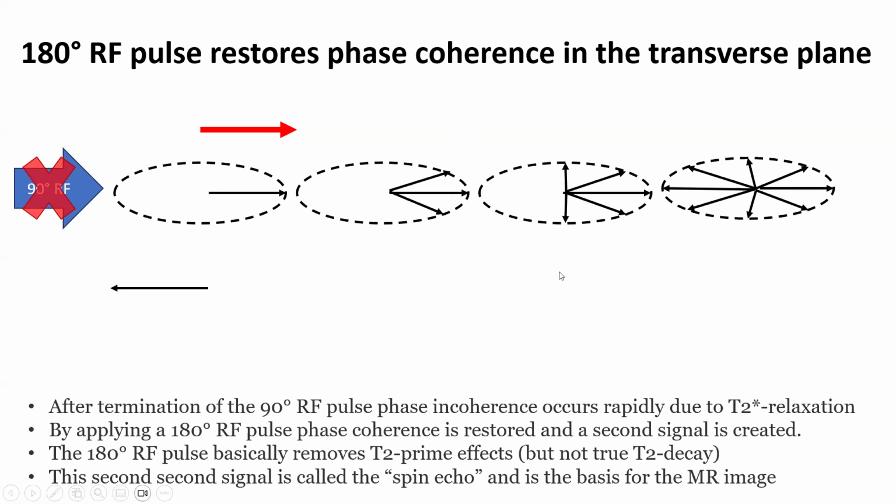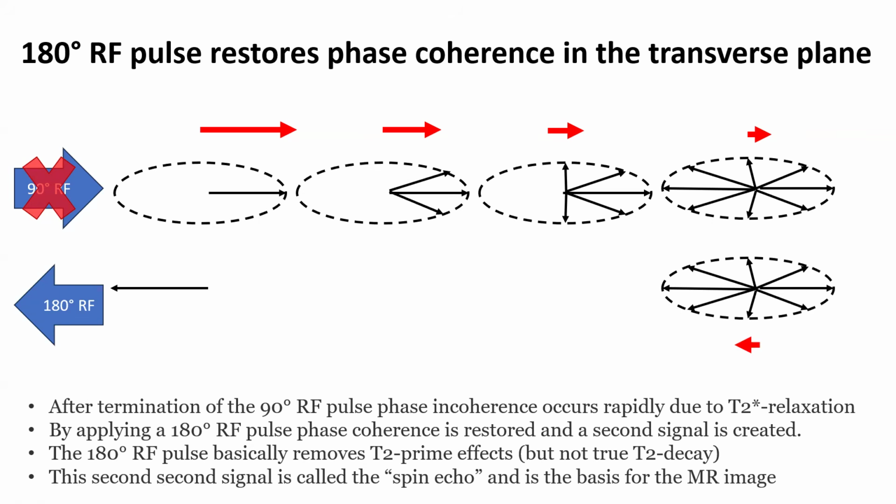So this is the same concept but illustrated in a different way. Here on top we see what happens after we turn off the 90 degrees radio frequency pulse. The magnetization in the XY plane becomes weaker, but then we turn on the 180 degrees radio frequency pulse, and what do we see?